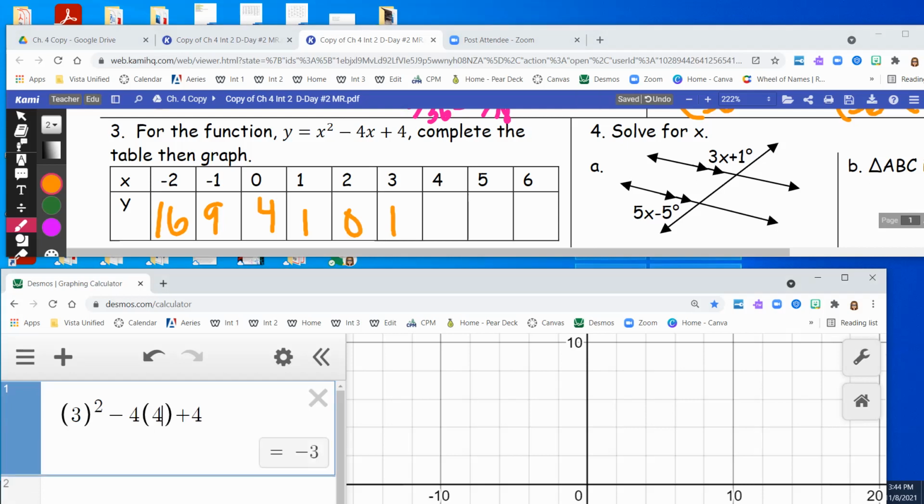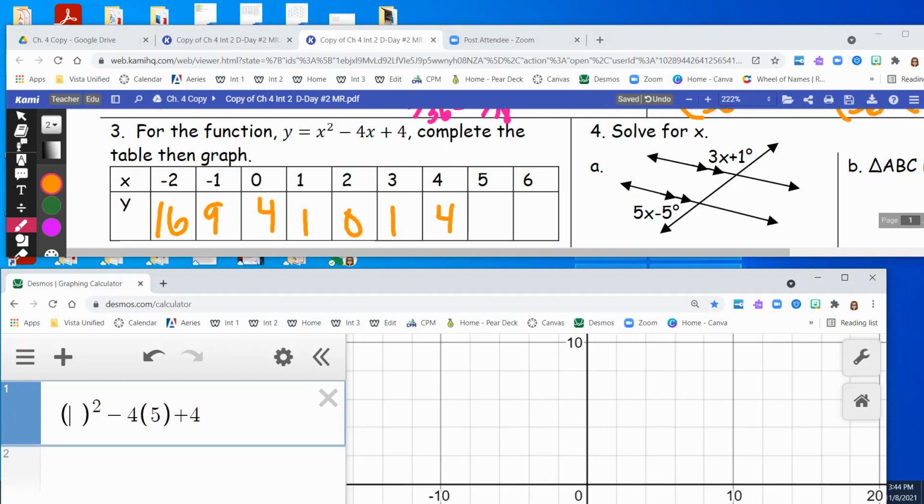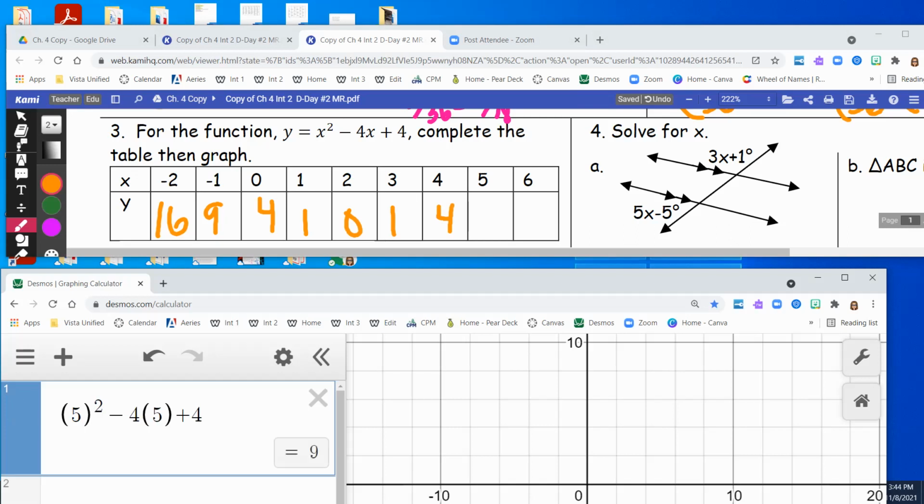Okay, I'm having a feeling that the 4 is going to give me a 4 back. Yep, I see it's kind of symmetric here. And my 5, my guess would be it's going to give me a 9. And yes, it does. And then my 6, I'm guessing will give me a 16. And I got a 16.